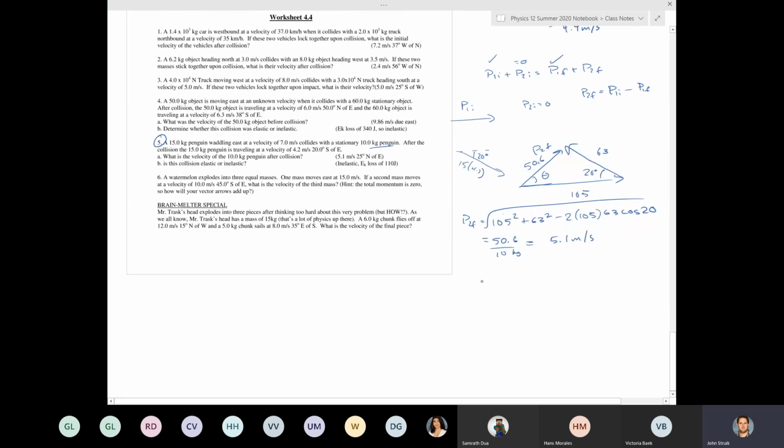But we need that angle as well. So we're going to go sine theta over 63 equals sine 20 over 50.6. Okay, let me try that again, I think I made a mistake.